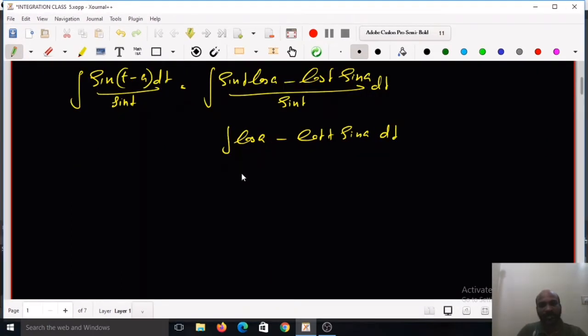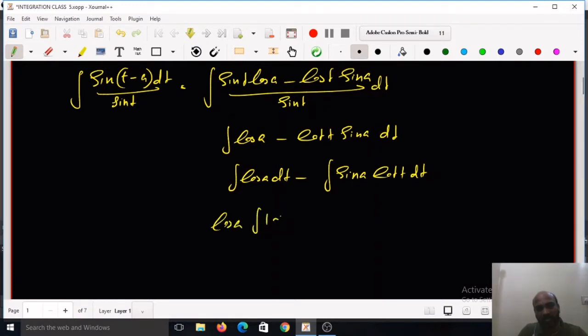This one I can split into two integrals. The first one is integration of cos a dt. The second one, integration of sin a into cot t dt. Now cos a is a constant, so it becomes cos a into integration of 1 dt.